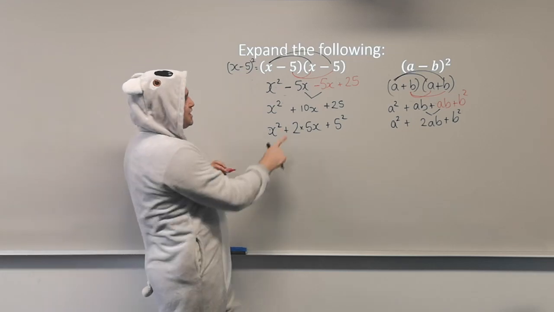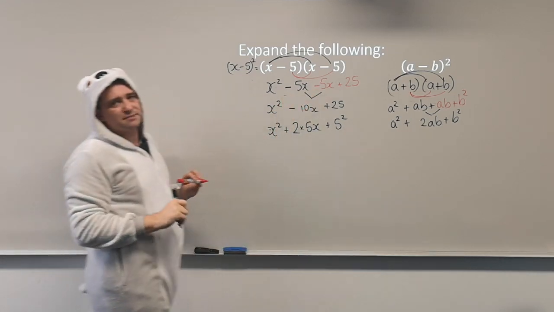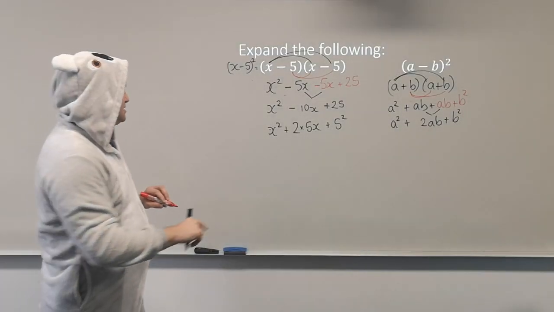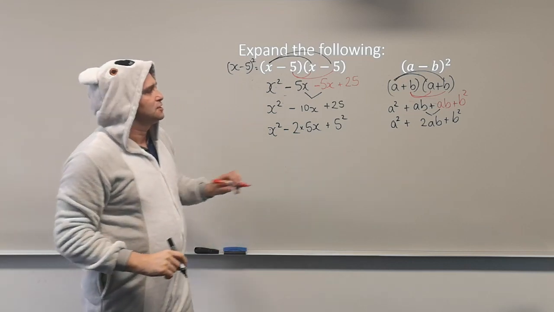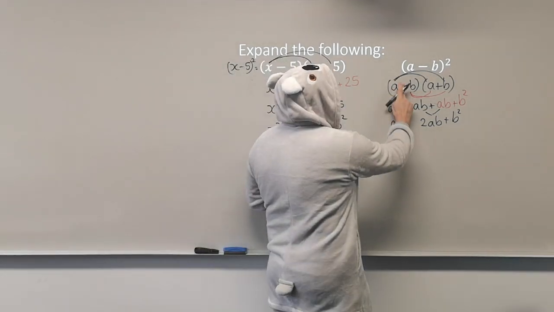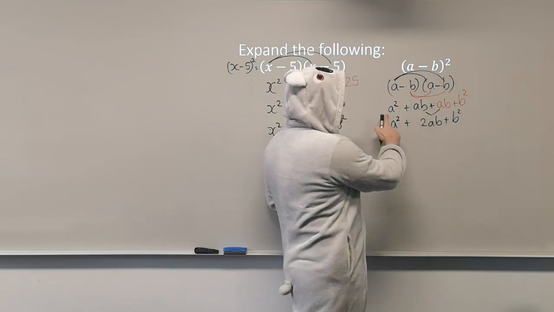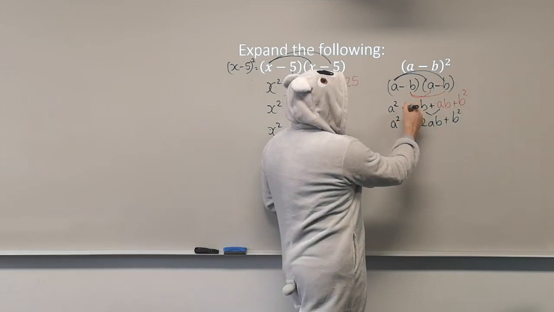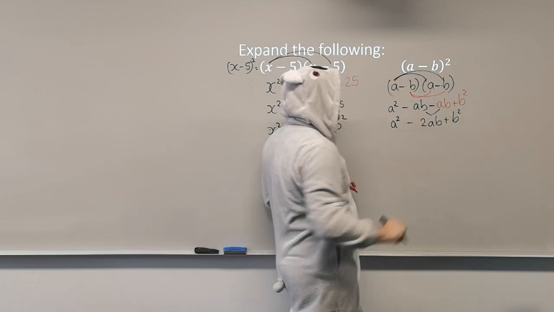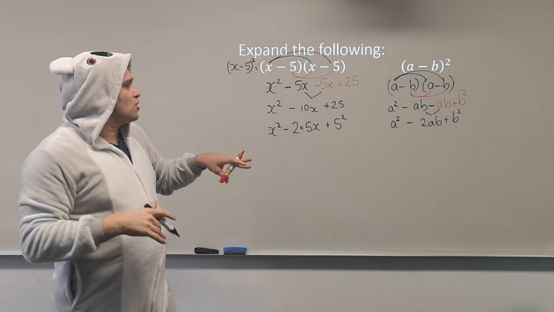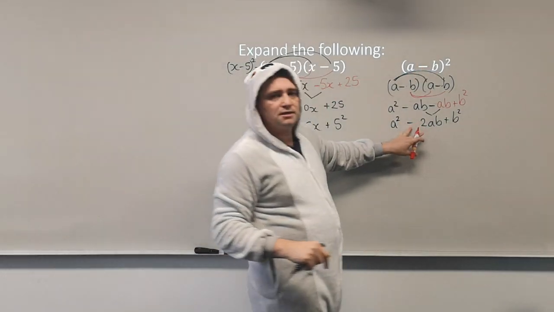So all that changes here is our 10x would become negative 10x. Positive here is a negative. So looking at our rule, if we've got a minus b times a minus b, it's still a squared, and it's now minus, minus, minus. So the only thing that changes by this becoming a negative is the sign in front here.